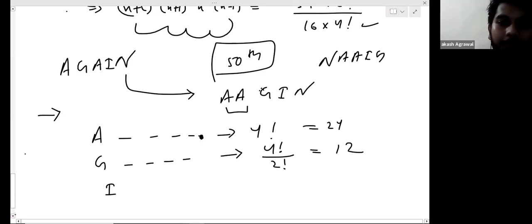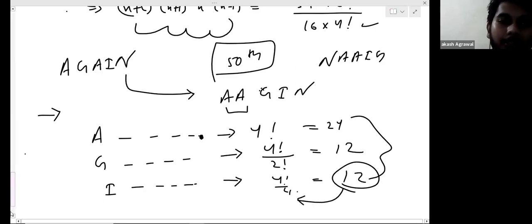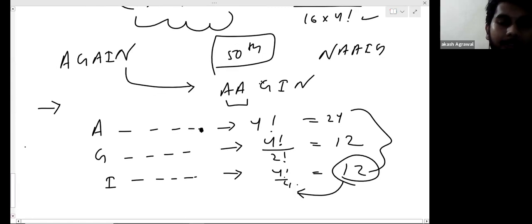Now we have I. 12. 4 factorial by 2 factorial. So this is 50, right? So this must be the 50th word, the last of I. Yes, sir. Which one will be the last of I?